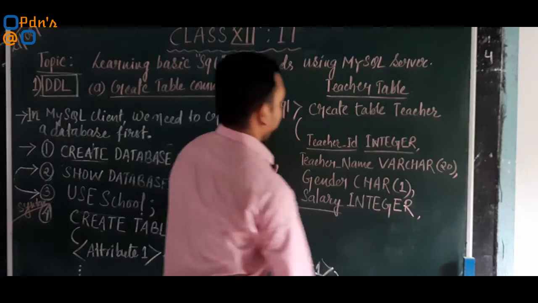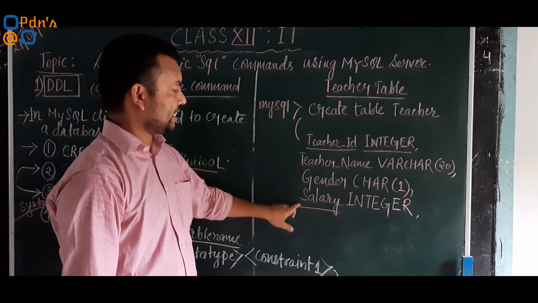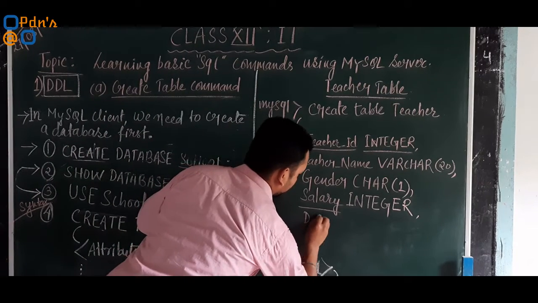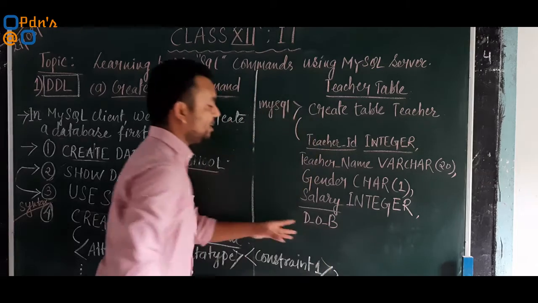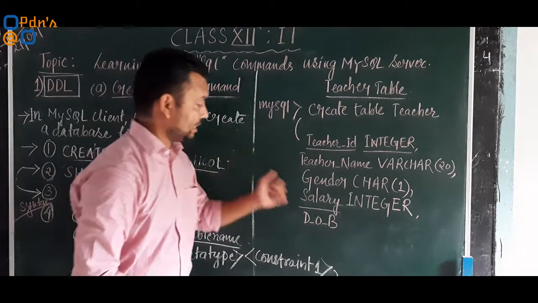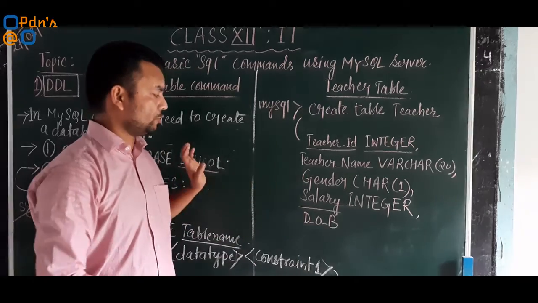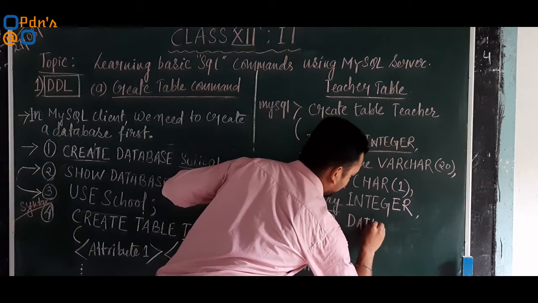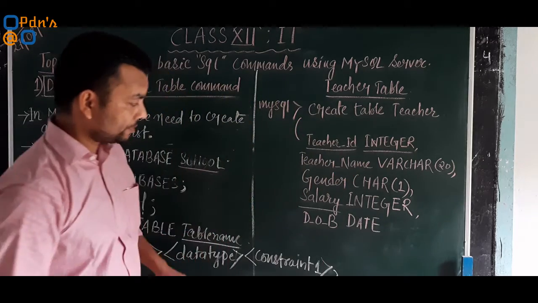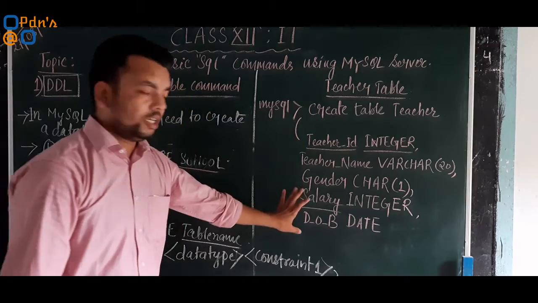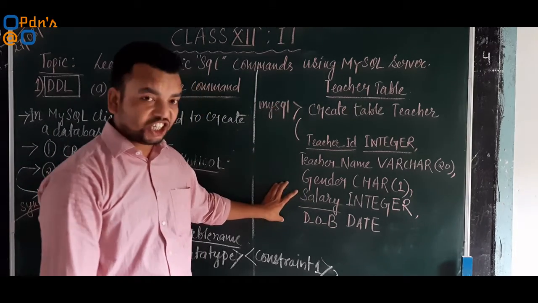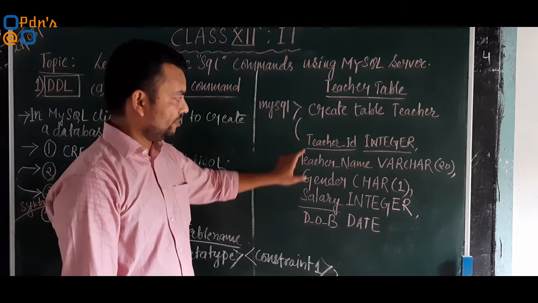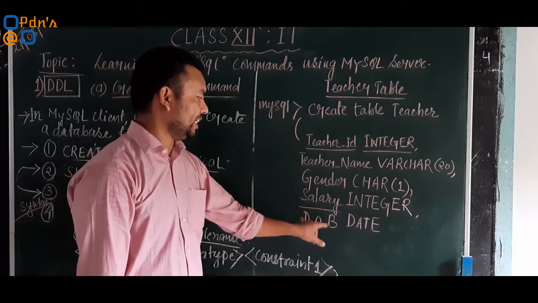So teacher ID, teacher name, gender, salary, then date of birth, DOB. Regarding date of birth, only one kind of data type has been suggested for class 12, that is the date data type. So we have finished creation of table teacher with 5 attributes: 1, 2, 3, 4, 5. First is teacher ID, teacher name, gender, salary, date of birth.